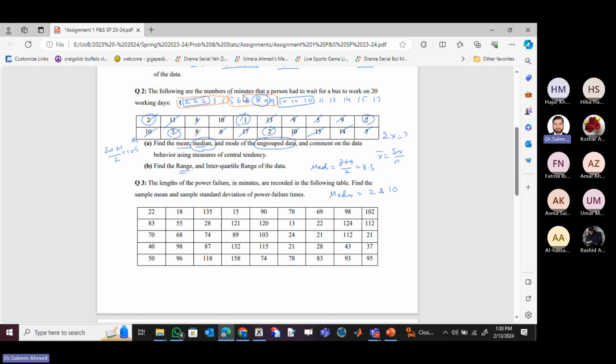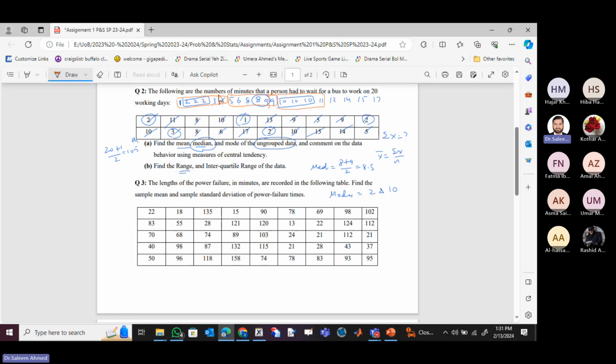The next 5 values, 1, 2, 3, 4, 5, and these are the next 5 values. I think I wrote it wrong. This is the first 5 values, 1, 2, 3, 4, 5. Next 5, 1, 2, 3, 4, 5. These are the next 5, and 1, 2, 3, 4, 5. So this is your Q1 and this is your Q3.